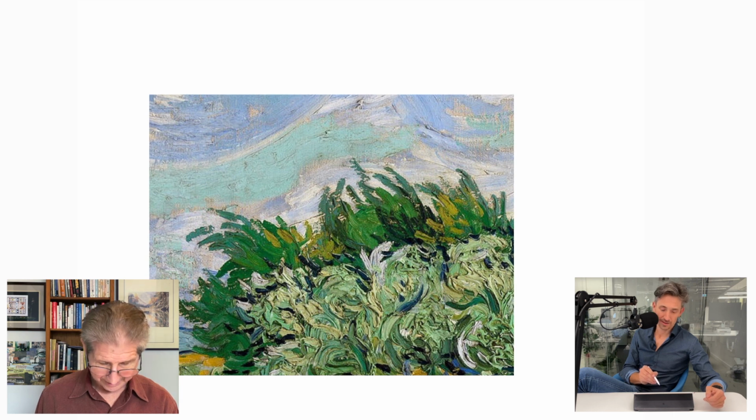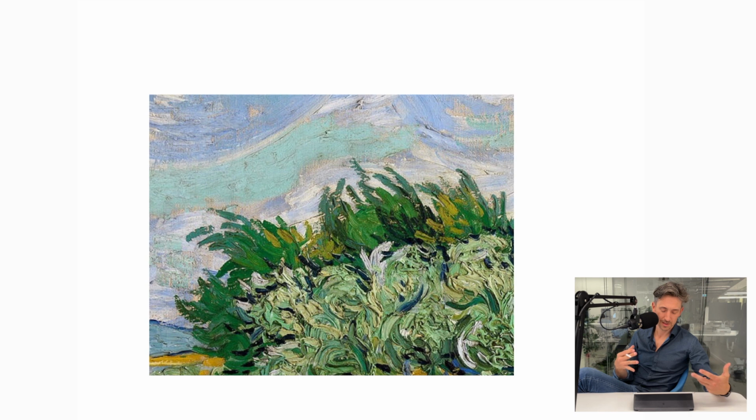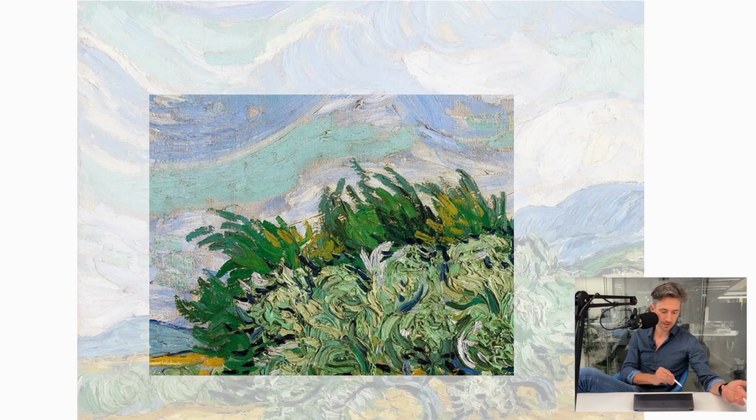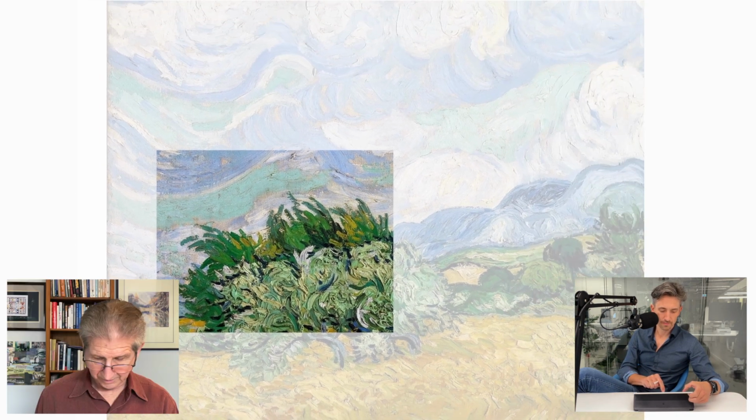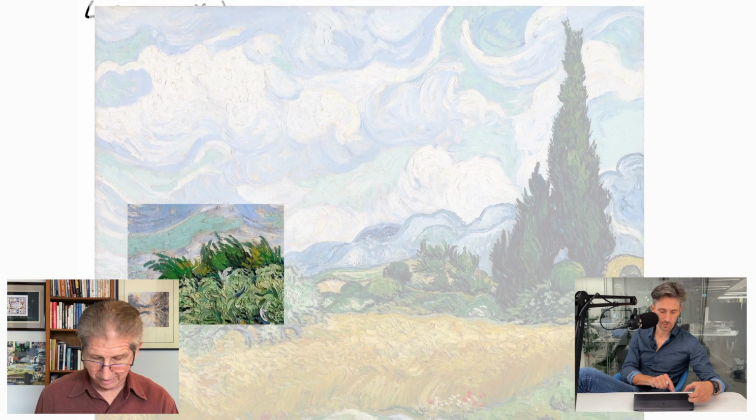That's exactly right. So here I'm showing a fragment of a painting, and this is my visual representation of how focused we are on details without paying much attention to the surroundings. It makes a lot of sense if you look at this frame, but this is just a fragment of a larger whole. Wow. Right?